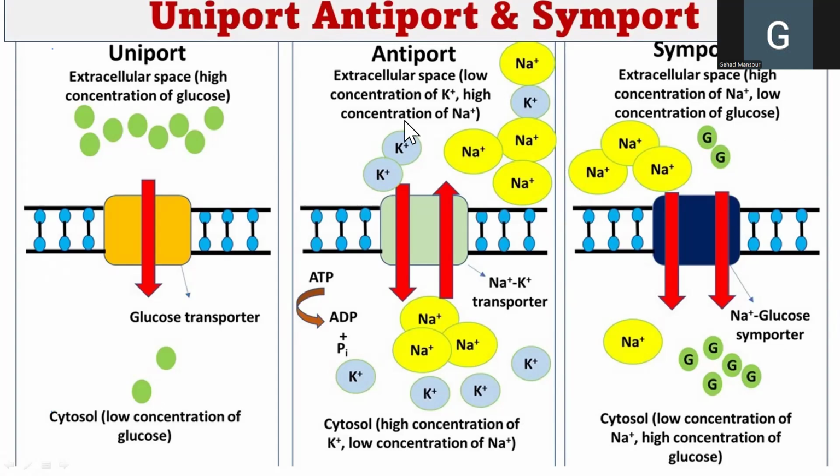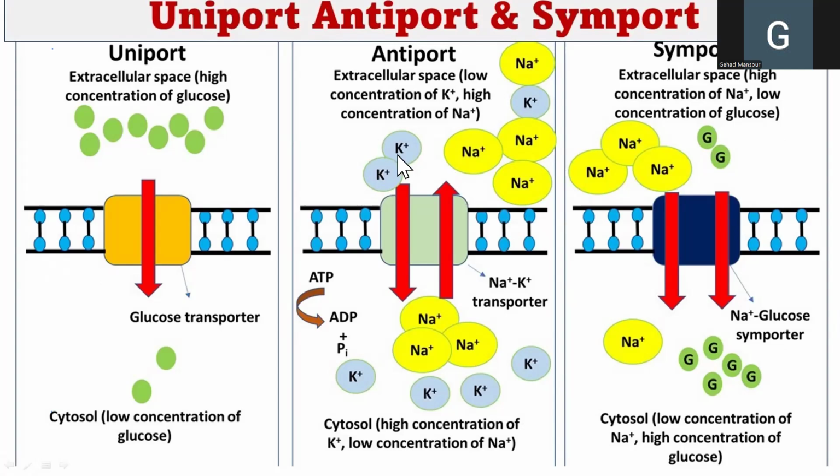We also have the antiport, and the best example for the antiporters are the sodium potassium pumps. These are protein pumps, integral proteins that stretch across the whole thickness of the cell membrane and that transport two ions at the same time. And actually, they are transporting them against concentration gradient.